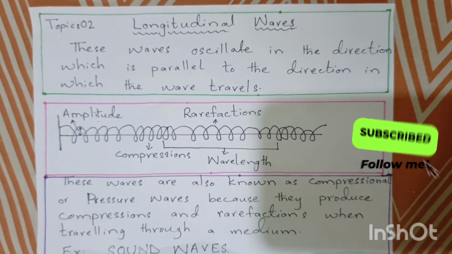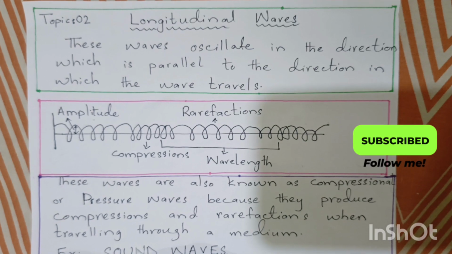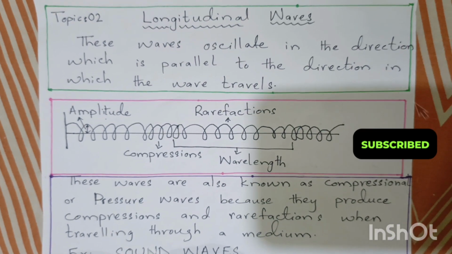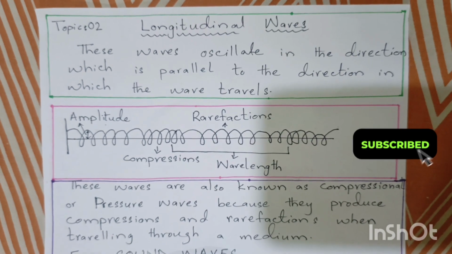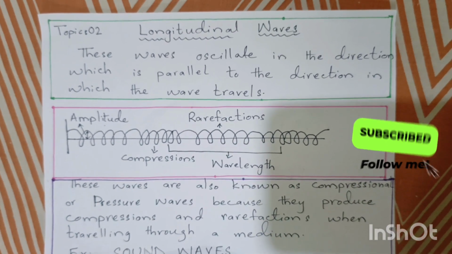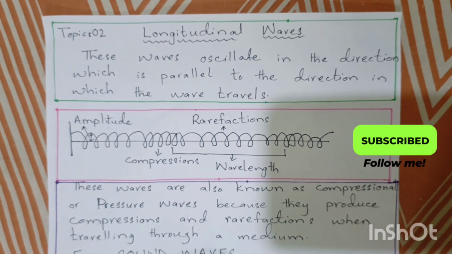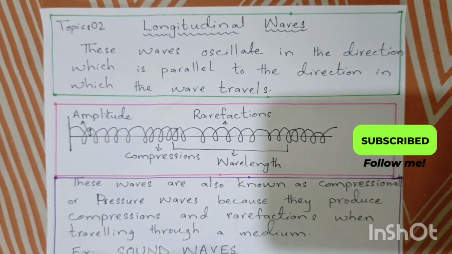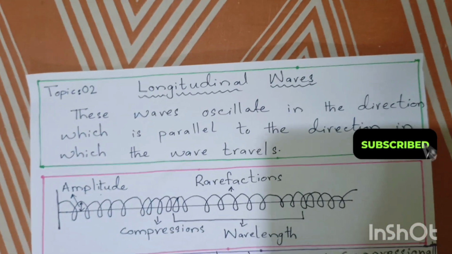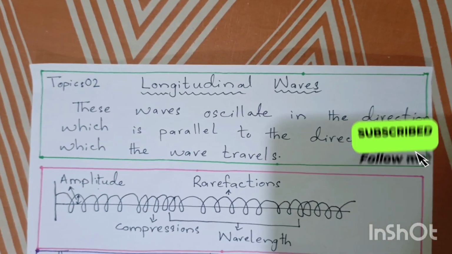The opposite of parallel is perpendicular. We have already studied this. So parallel means side by side. If the direction of the wave is towards the right side, the waves will also oscillate towards the right side. And if the direction of the waves is towards the left side, the waves will oscillate towards the left side.